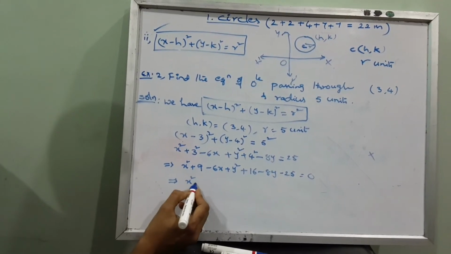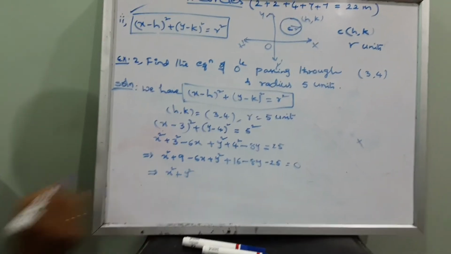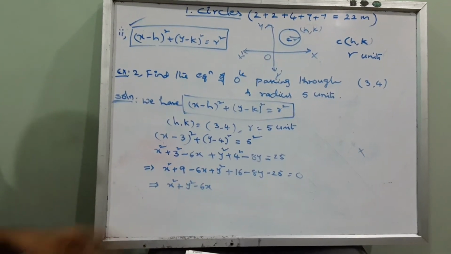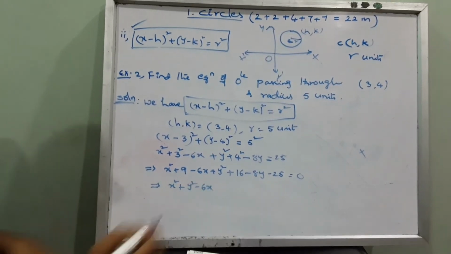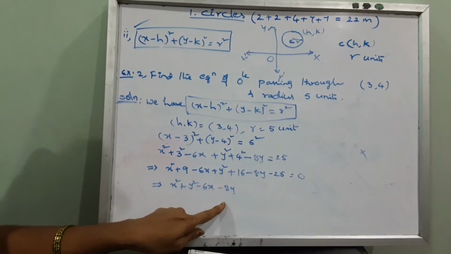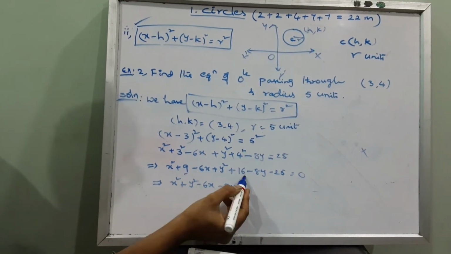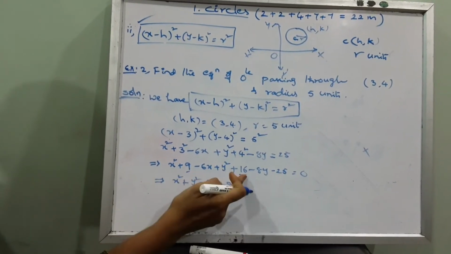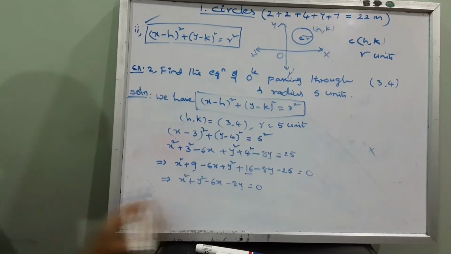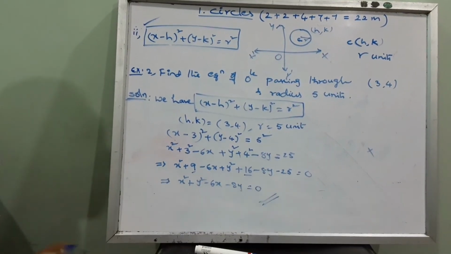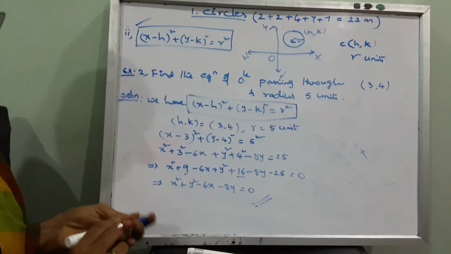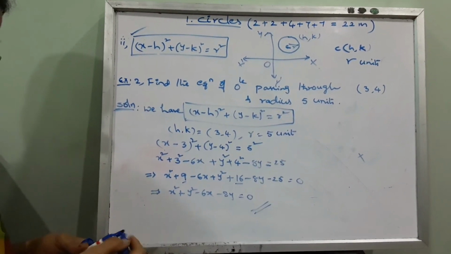This implies x square plus y square minus 6x minus 8y, plus 9 plus 16, 25. 25 minus 25 will get cancelled, is equal to 0. This is the required equation of the circle. These are the standard forms of the circle.